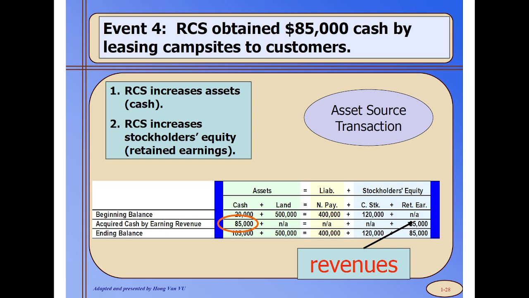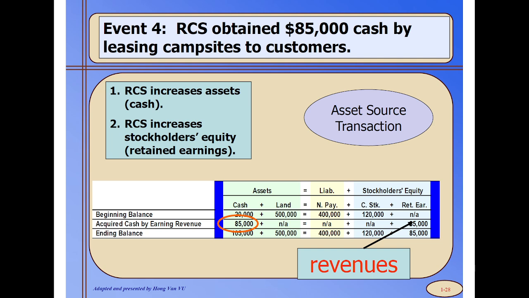So in this transaction, we can see that the company increases the asset cash by 85,000. We call this acquiring cash by earning revenue. However, on the other side of the equation, we can see that retained earnings increase, because the revenues of the company increased by 85,000.